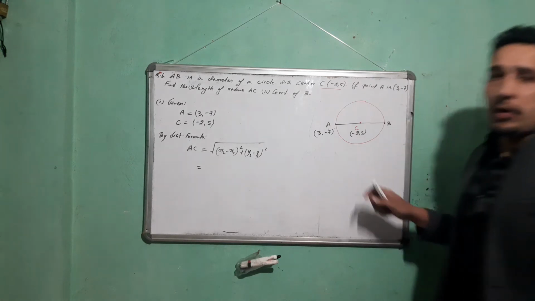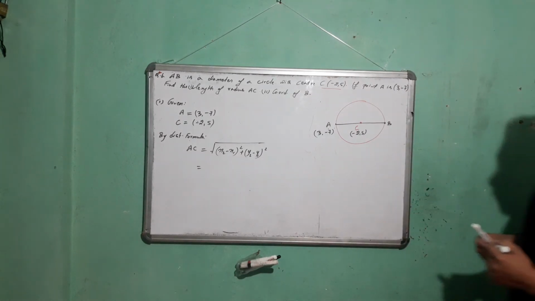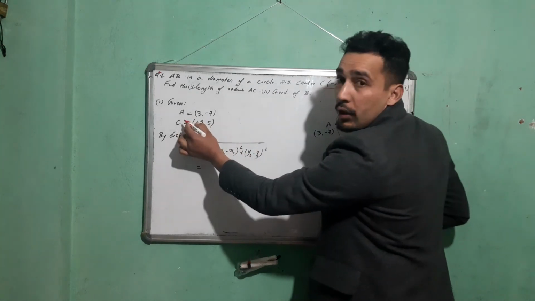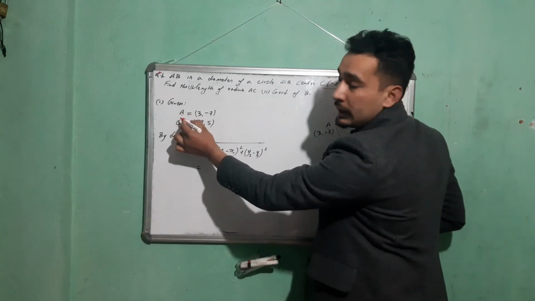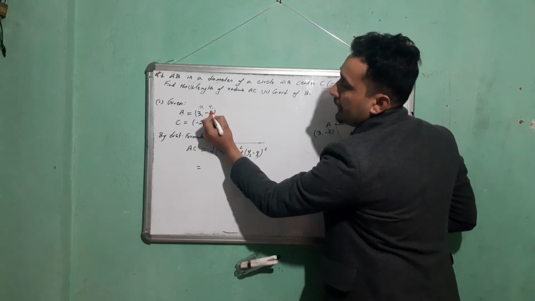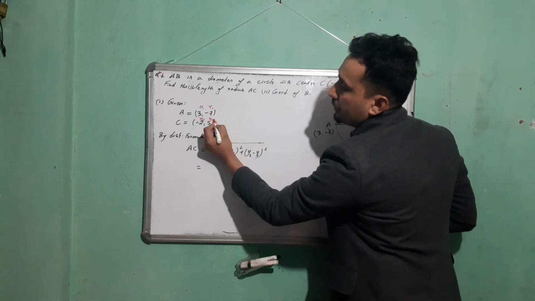This is the distance formula. Now you have to choose x1 y1 and x2 y2. For that you can take alphabetic order. A comes first, then C. So you can consider this as x1 y1 and this as x2 y2.